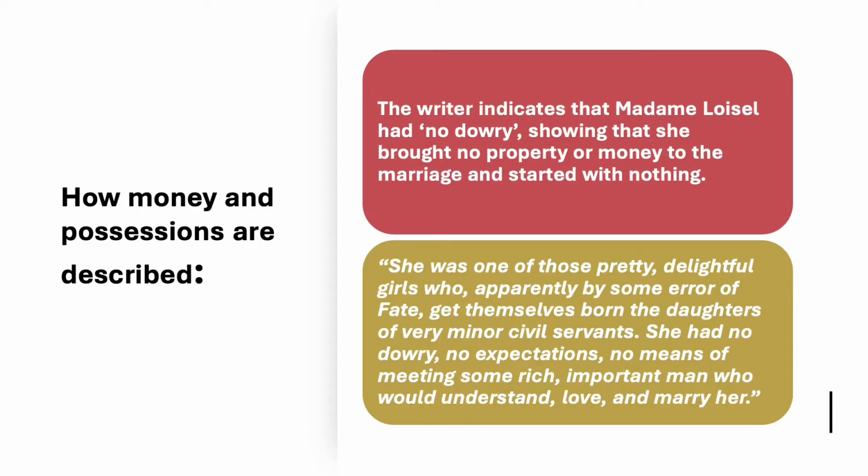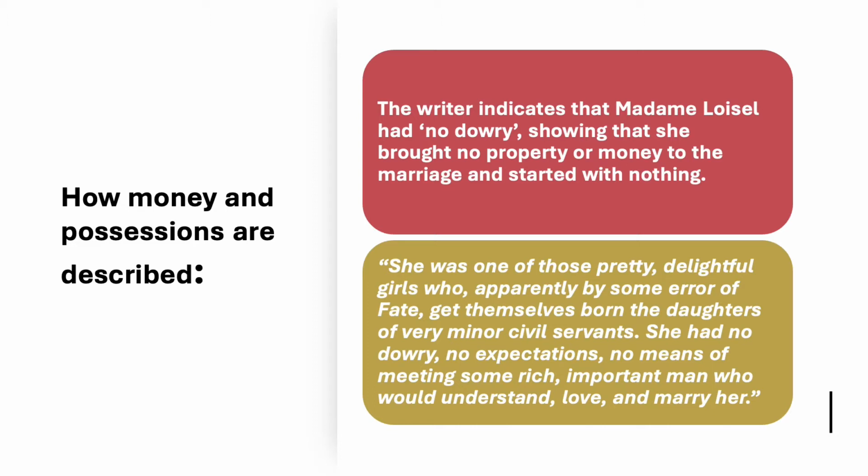Let's see what points we can take from the text for the first guideline. Right at the beginning, Maupassant indicates the poverty of Madame Loisel, or Mathilde, as she didn't bring any possession to her marriage. This shows the place of money and possessions in French society at that time.